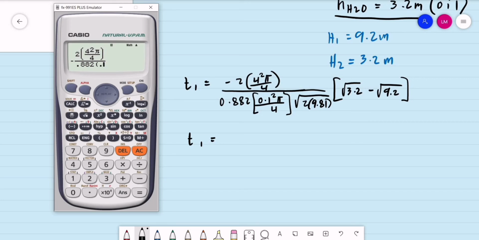Area ng orifice is 0.1 squared pi divided by 4. Then multiplied by the square root of 2 times 9.81. To be multiplied by the square root of the final head, 3.2, minus the square root of the initial head na tubig lahat, 9.2.